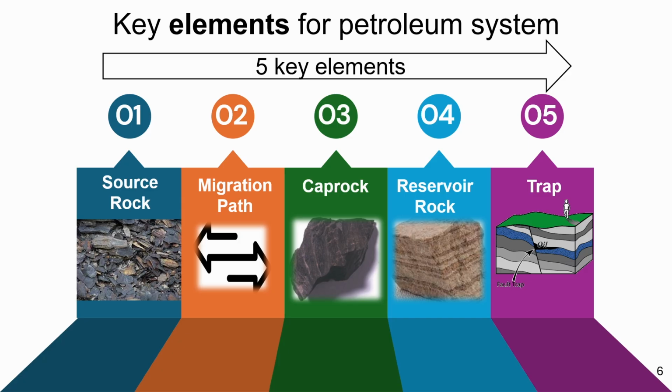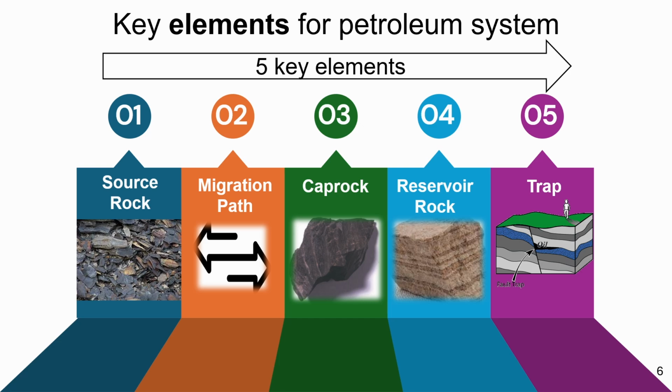This is one of the most important slides in the lecture. A petroleum system requires 5 key elements: source rock, migration path, caprock, reservoir rock, and trap. If one of these elements is missing, a commercial hydrocarbon accumulation is much less likely.